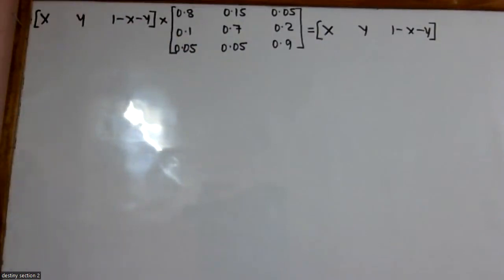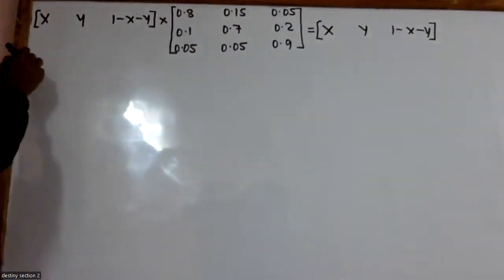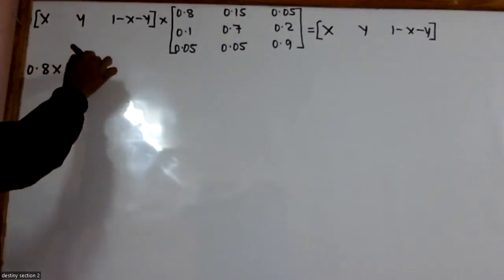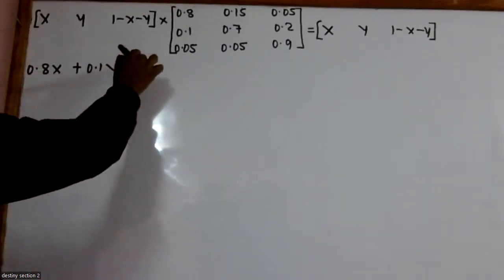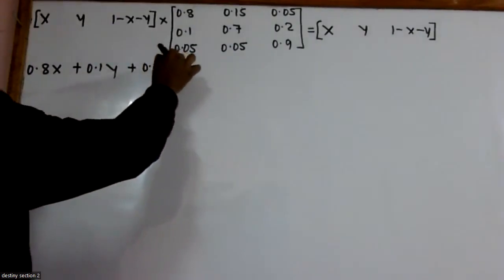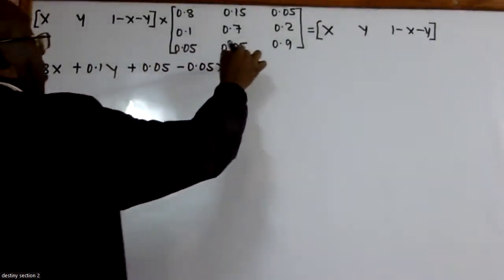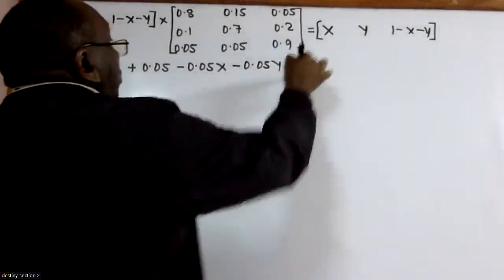Opening the brackets, when you multiply these, you get 0.8x plus 0.1y plus 0.05 minus 0.05x minus 0.05y is equal to x.